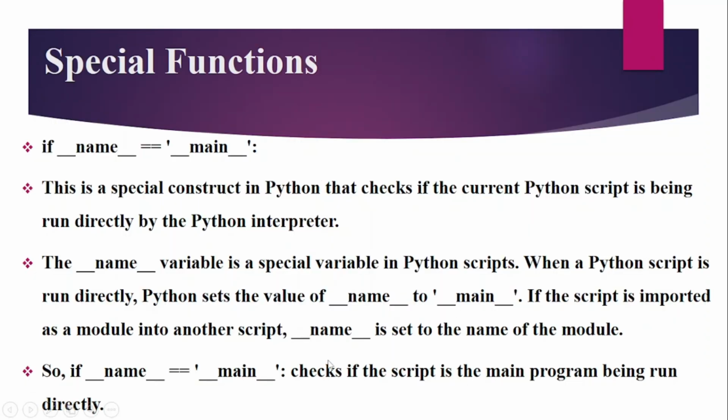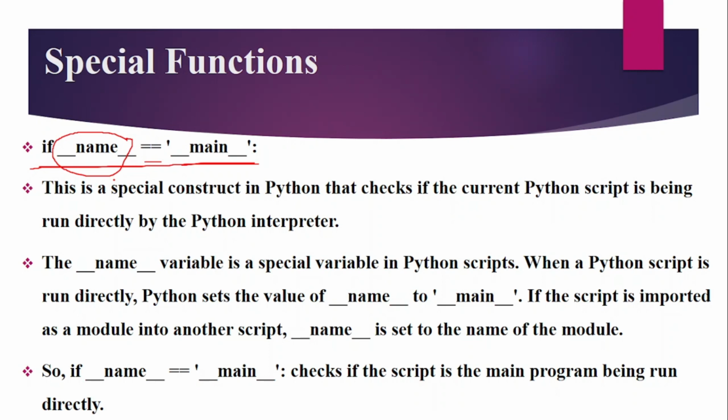This is the statement that you would have seen in the last program also: if __name__ is equal to __main__. So what is this particular function? In a very simple way, this statement says that if you're running a Python script and it is being run by the Python interpreter, then you use this function. Here, __name__ is a variable.